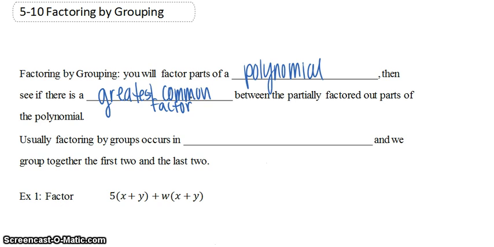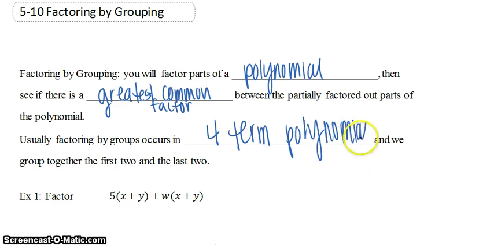Usually, factoring by grouping occurs in 4-term polynomials. So typically you'll see it like that, but not always. And we will group together the first 2 and the last 2.